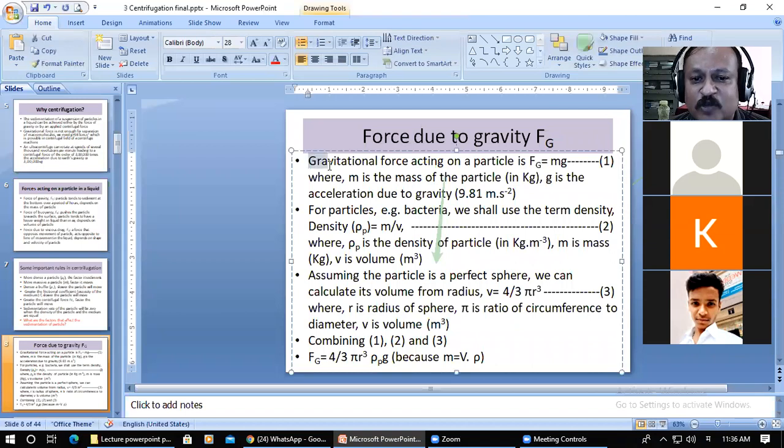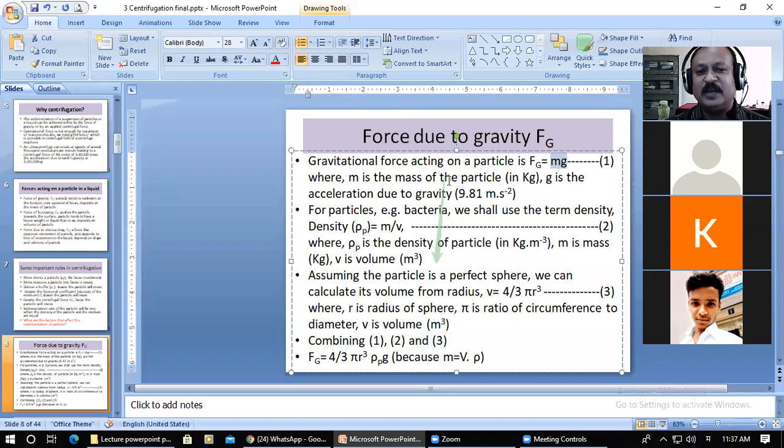Gravitational force acting on a particle, Fg, is equal to mass into the acceleration due to gravity. Mass into acceleration, I think you already know this formula. Force is equal to mass into acceleration, but because we are trying to understand a particle in a liquid that is trying to settle down to the bottom, dependent upon the gravitational force, instead of writing mass into acceleration, we write mass into the gravitational acceleration.